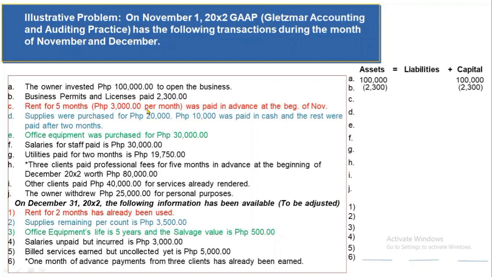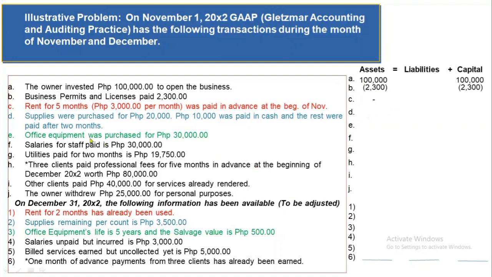However, the deferred expense or prepayments, or in this case, it is better to call it prepaid rent, is also increased by 15,000. Remember, deferred expenses are also considered as assets, so they offset each other. That is why, in this transaction, there will be no effect on the total assets.